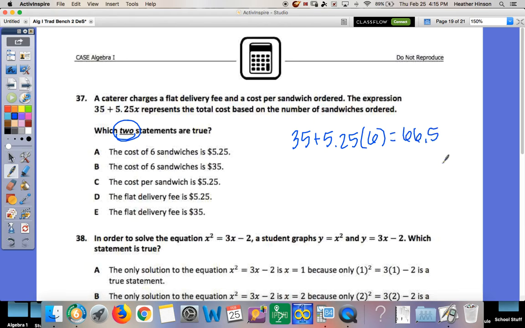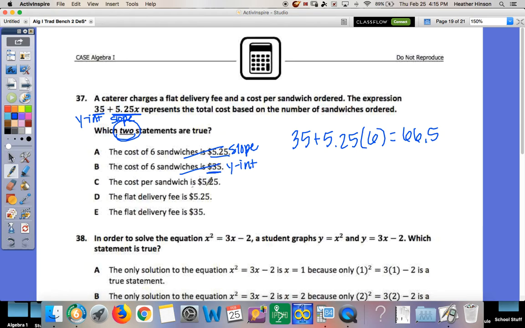66.5. So actually, neither of those is true because 5.25 is your slope. That's the one with x. And 35, that's the one by itself, that's your y-intercept. So neither one of those is going to be your 6 sandwiches. So those are both wrong.